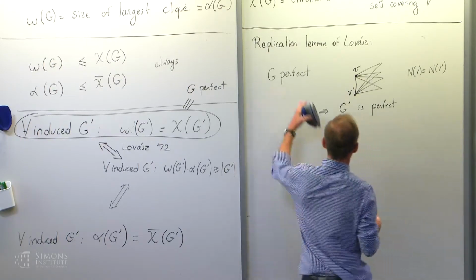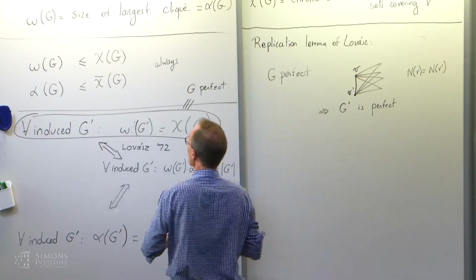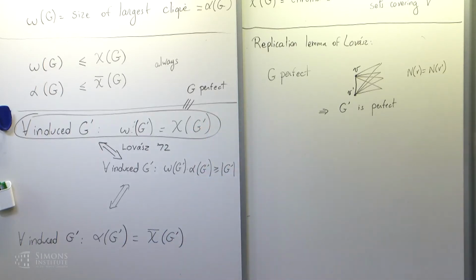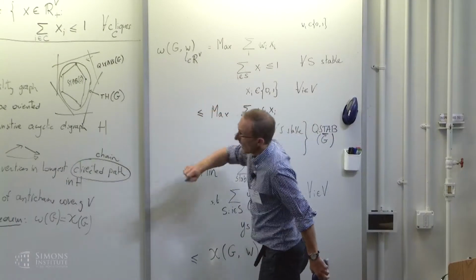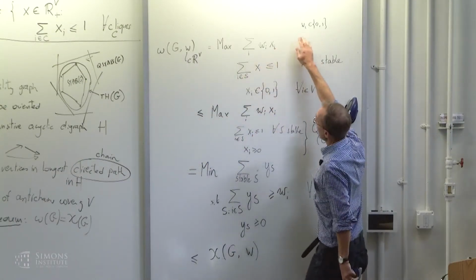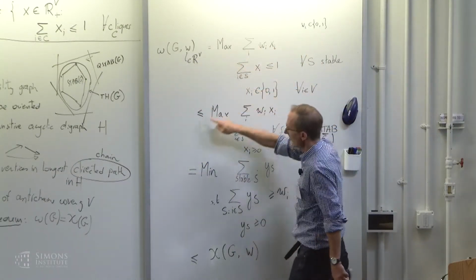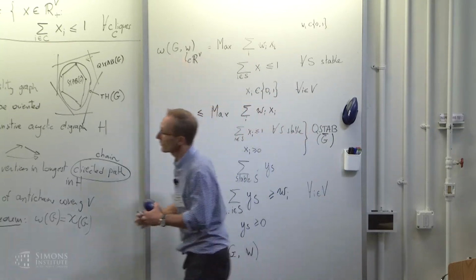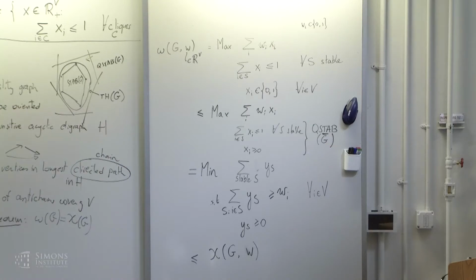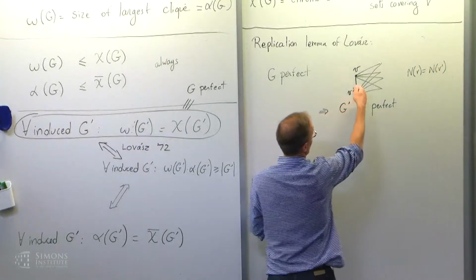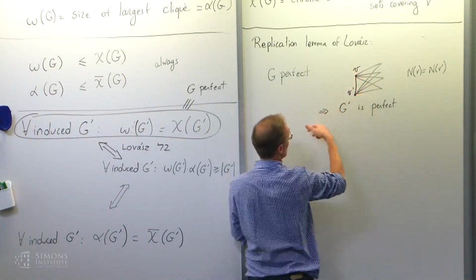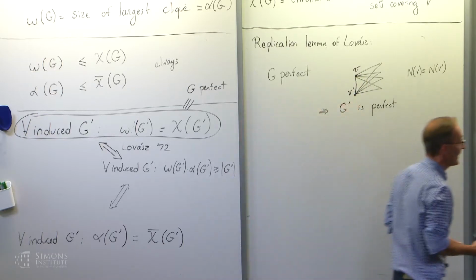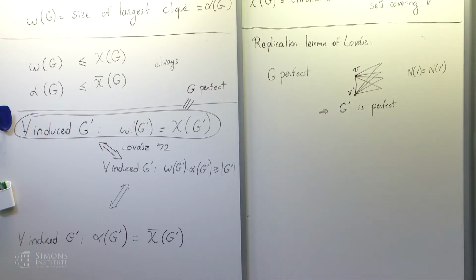So once you have this, it's pretty straightforward to get that perfect means that here you have equality throughout. This would mean, because you can essentially replicate a vertex not just once, but wi minus 1 times.